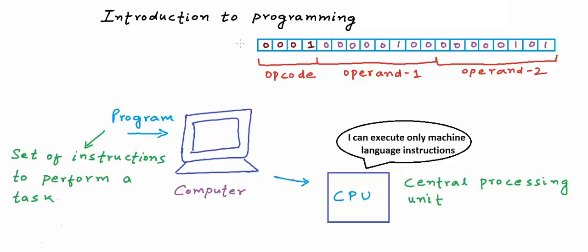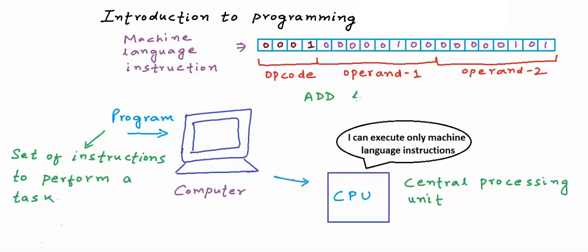For example, if this is the machine language instruction with one opcode and 2 operands, then in assembly language the same instruction can be written in a more readable form. We can write some keywords for opcode. Say, for example, if this is opcode for addition, we can write add, and then we can write the operands as well as constants in decimal.